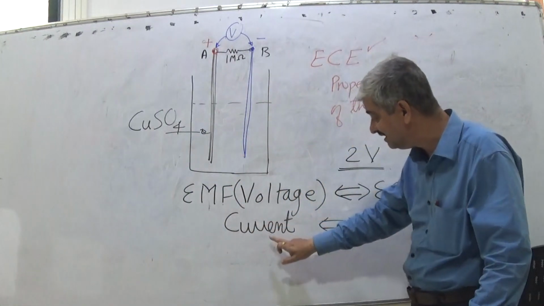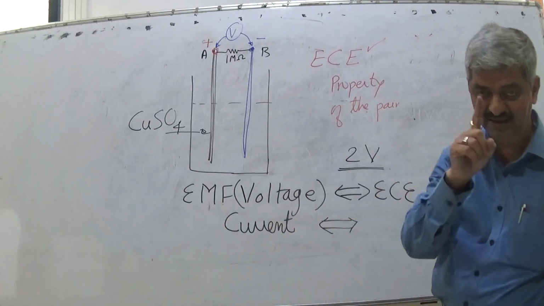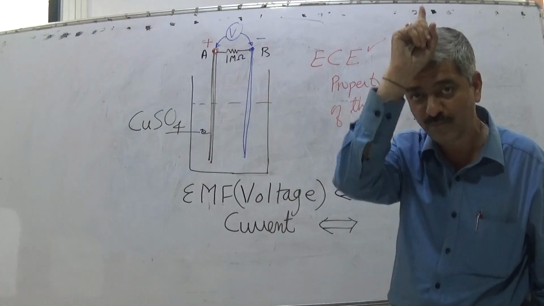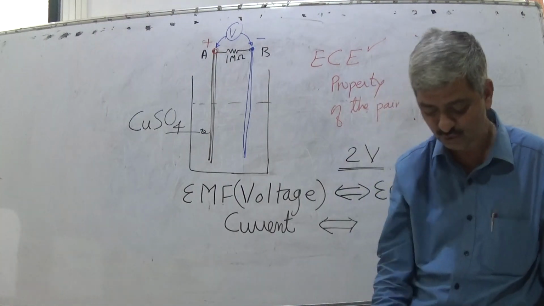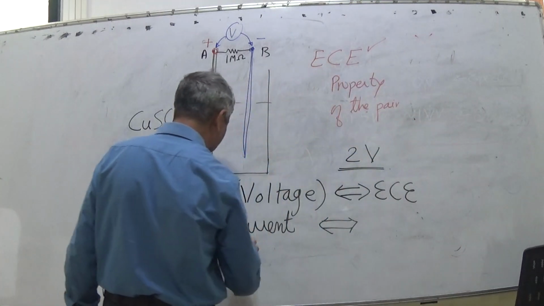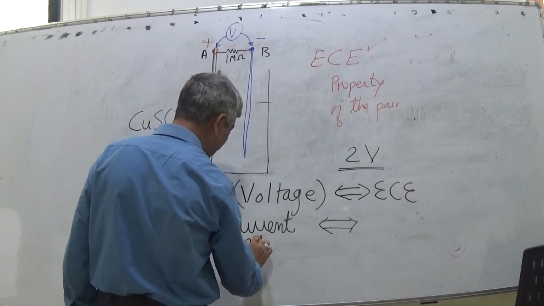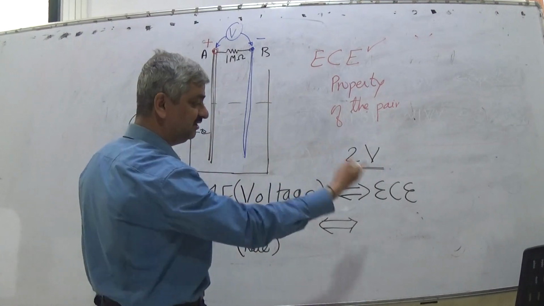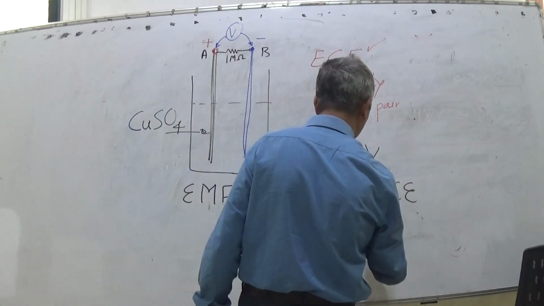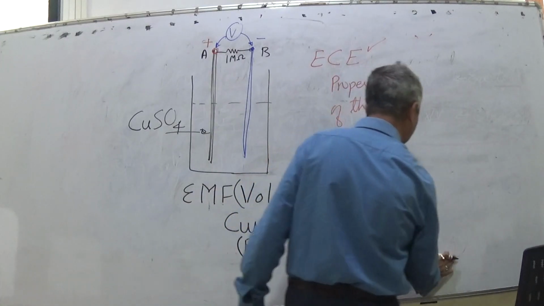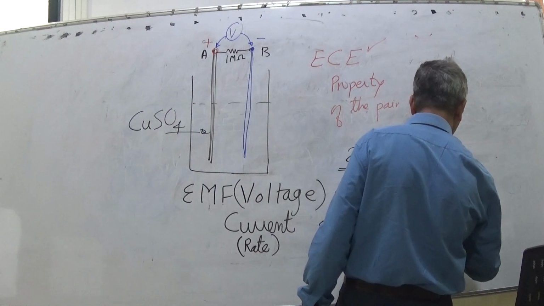But for current, the current is rate of flow of charges, time rate. So current is rate of something, so that must be proportional to rate of some other thing, and it is proportional to the rate of chemical reaction.